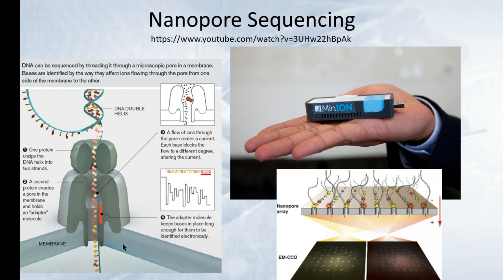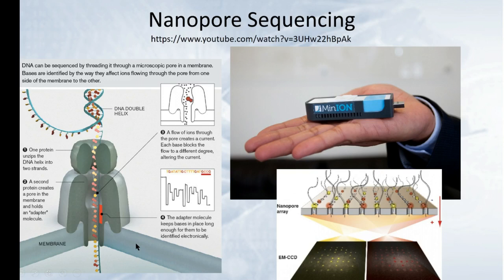And it relies on the fact that the effect of those different sequences of DNA that pass through here and register on the pore, and the effect on the electrical properties of the membrane, are unique for different sequences.